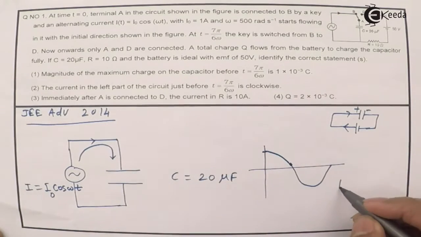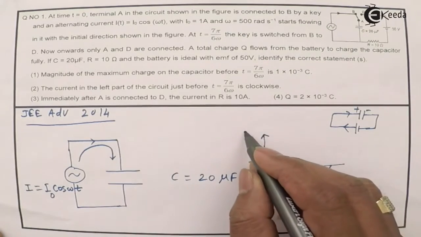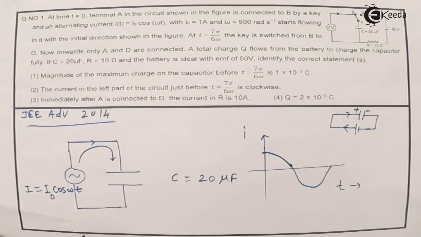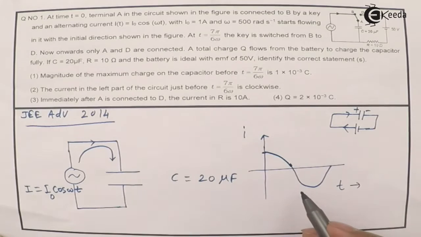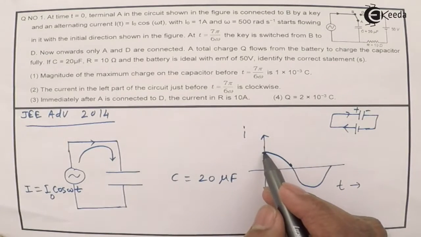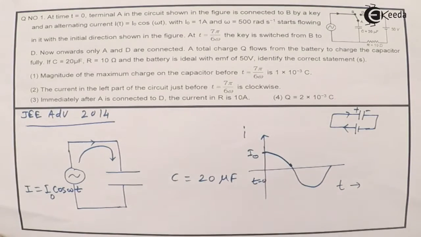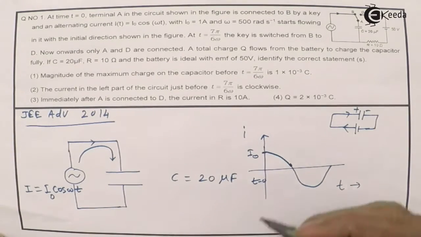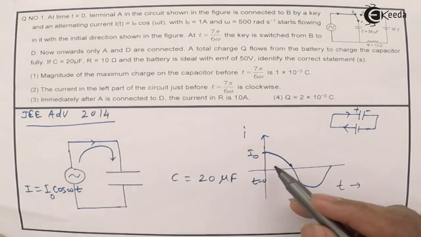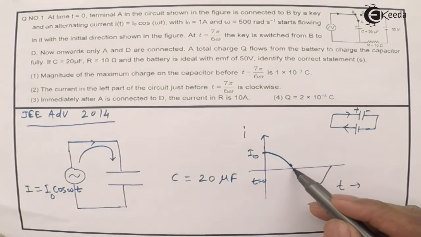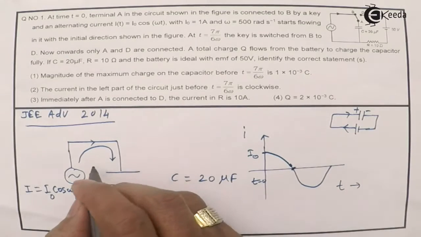Now this is the time I am taking on the x-axis, and this is the current. This is the graph of this that I am drawing here, the cosine curve. It is maximum at time t equals 0, which is I naught obviously. So the current is decreasing, but it is positive during this time. After this much time, it will reverse its direction.